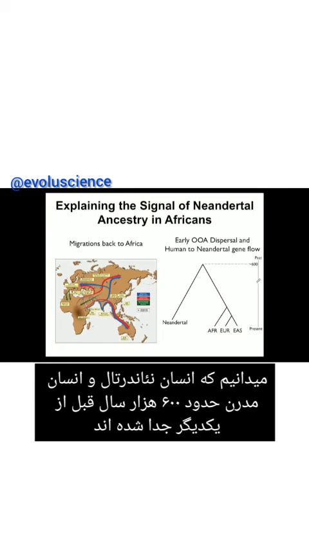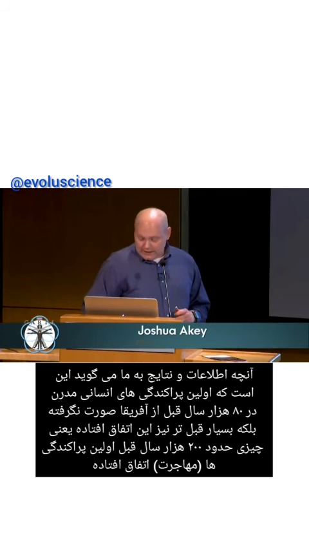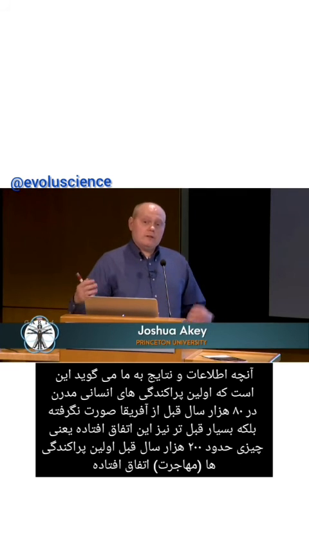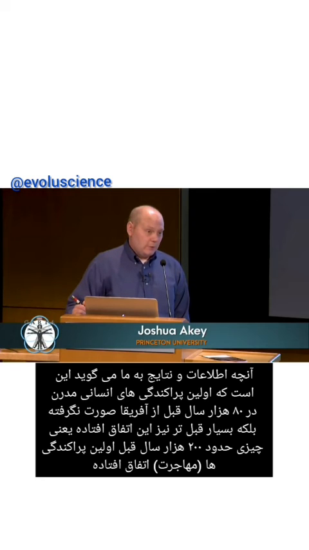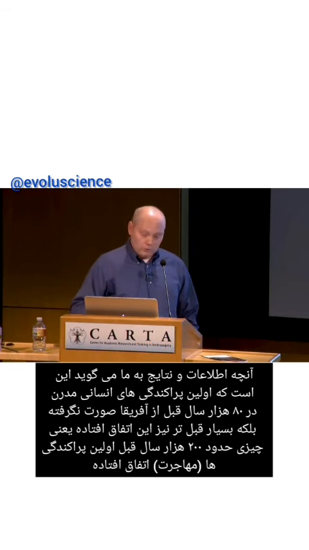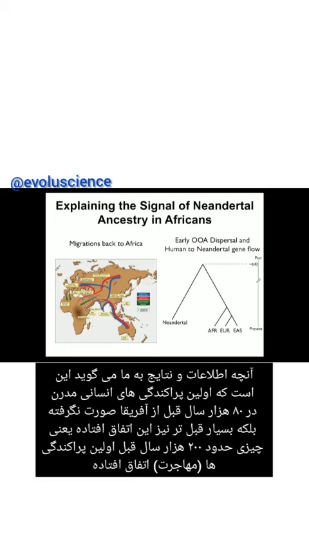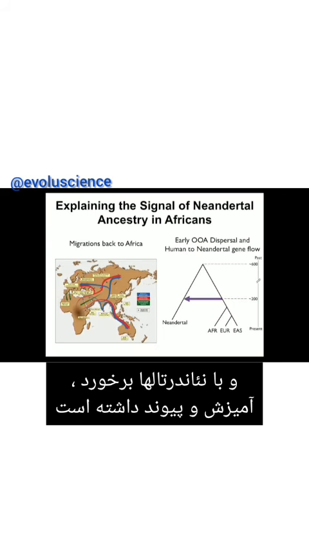So we know that Neanderthals and modern humans split around 600,000 years ago. And what our data shows is that not only was there this out-of-Africa dispersal that happened 80,000 years ago that resulted in the peopling of the world, but there was also a much earlier dispersal of humans out of Africa, around 200,000 years ago, and they encountered Neanderthals and admixed with them.